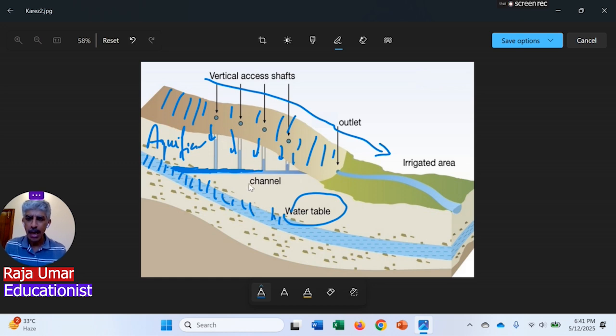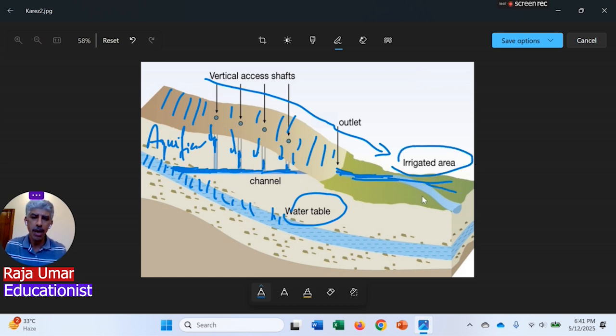Because of the pressure, the water has risen up in these vertical shafts, so you may say these vertical shafts work as smaller wells, and here the water comes over the surface, and the irrigated fields are over here.